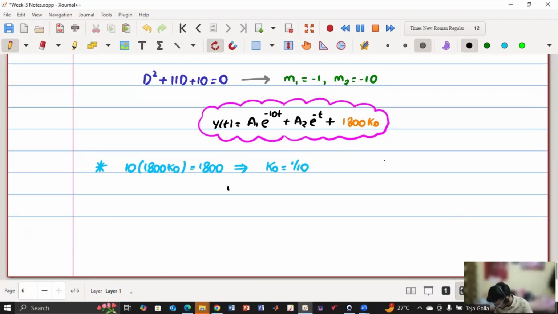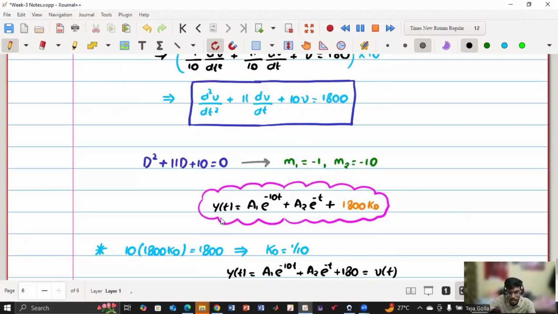A1 e power minus 10t plus A2 e power minus t plus 180. Basically, y of t is nothing but v of t here, because we are getting it in terms of v. I have written y, or maybe let us write it v to avoid any further confusion.